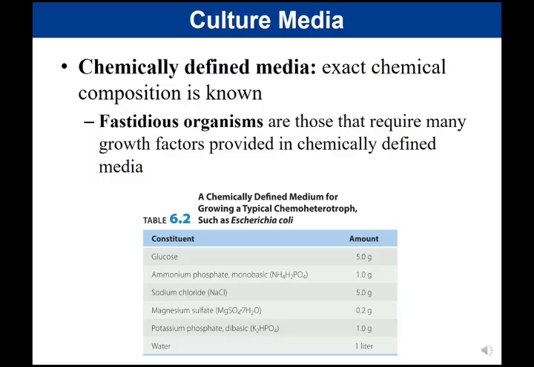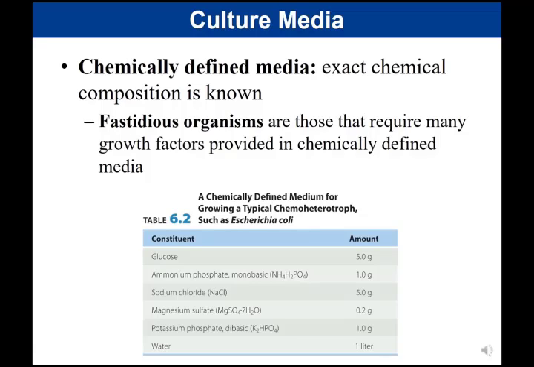Now, chemically defined media, again, is media where the exact chemical composition is known. There's no peptones in the media, there's no beef extract, no yeast extract, no ingredients that's going to vary from batch to batch. We know exactly what's in the media.